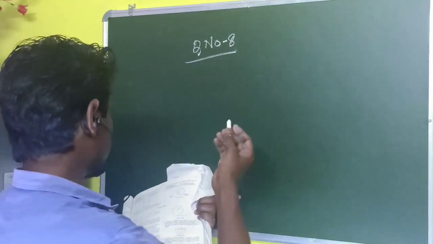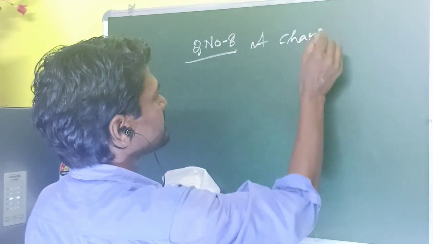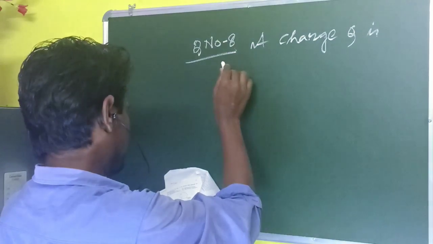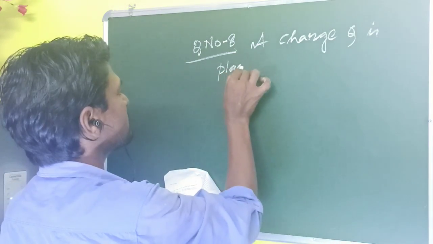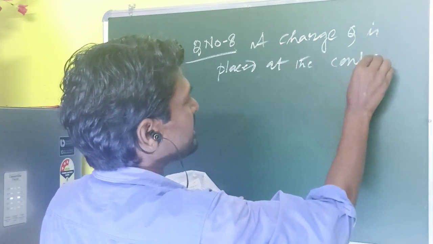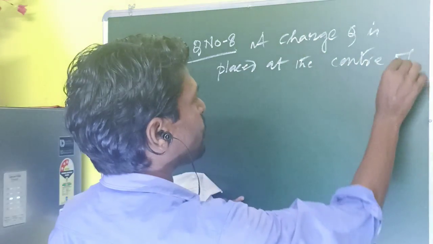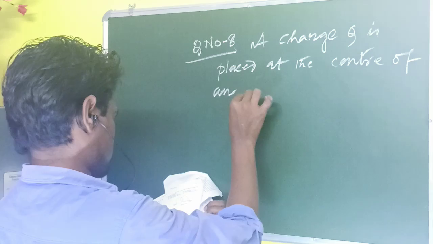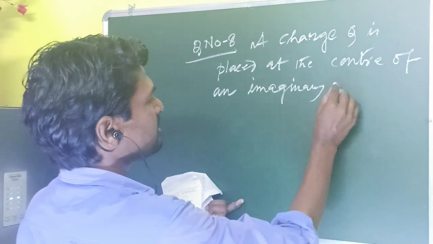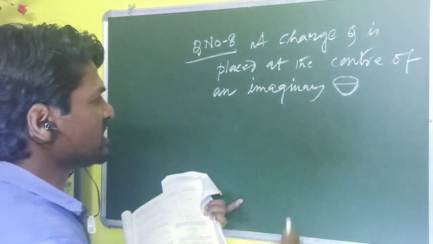So question number 8 is: a charge capital Q is placed at the center of an imaginary hemisphere.